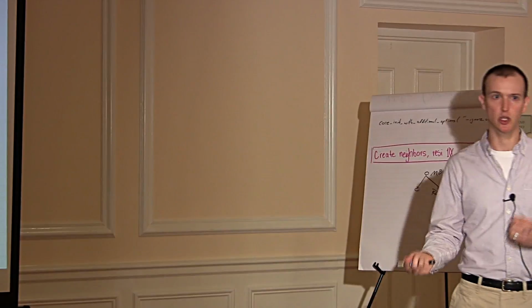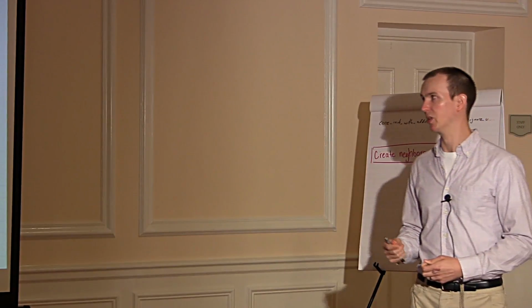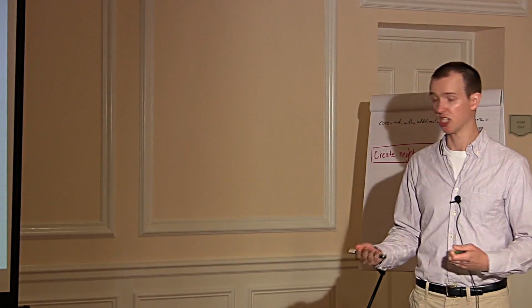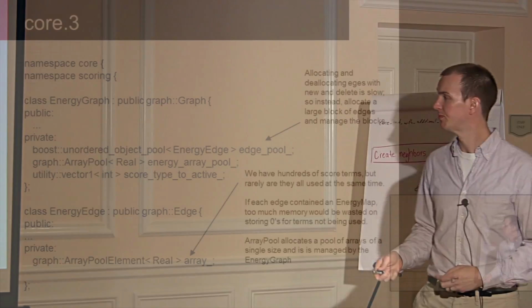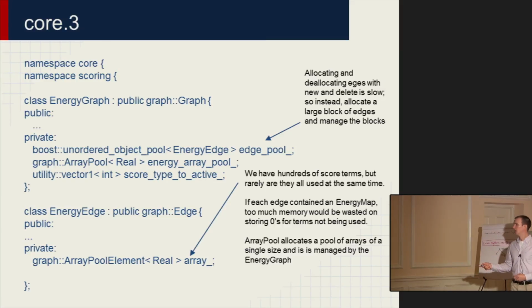So it'll let you avoid new and delete when you're doing edge insertion and deletion, which tends to be some of the slowest parts of, say, a pose copy operation. It also keeps an array pool, which is just a pool but for arrays.